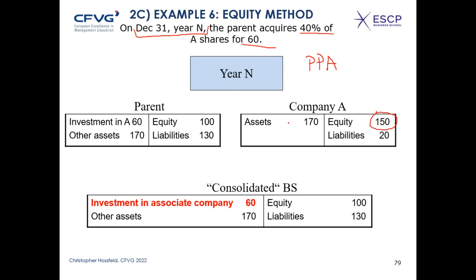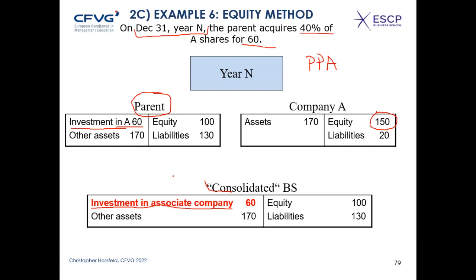Now, how do I consolidate? And once again, it's not really a consolidation method. That's why I put the quotation marks. Actually, what we do is we take simply the balance sheet of the parent company and we revalue the investment. And I will rename this line item. Instead of just calling this investment, I will give a name to this line that tells readers that on this line and on this line only, we applied the equity method.